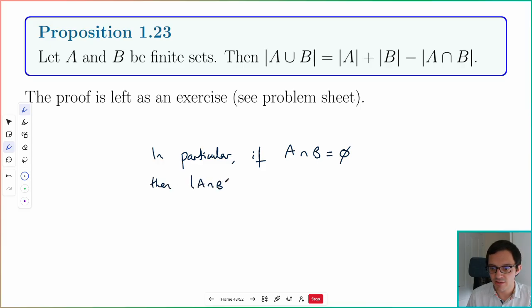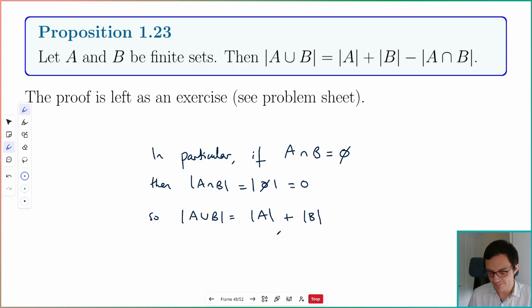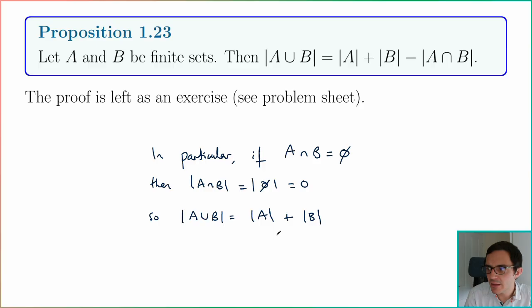So the cardinality of the intersection is the cardinality of the empty set, which is the number 0. So the cardinality of A union B becomes just the cardinality of A plus the cardinality of B. They just get added together without worrying about the intersection, because that's empty.